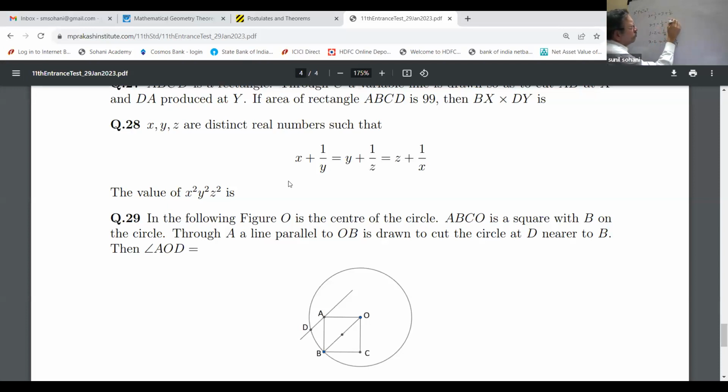Also, I am doing some more. I am taking the LCM of the denominators z, y. So on the top it will be y minus z. Here also xz is the LCM, z minus x, and here xy is the LCM, so y minus x.